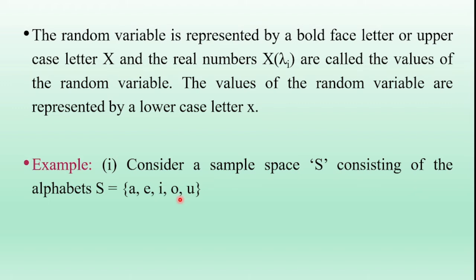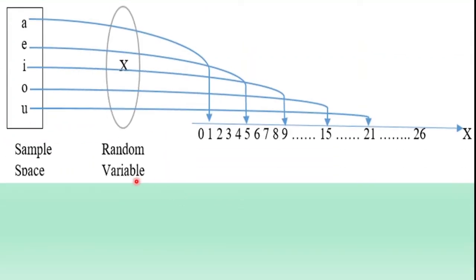In this example, in this diagram, this is the real axis and the real numbers are 1, 2, 3, 4, 5, 6, like that, and capital X is the random variable.